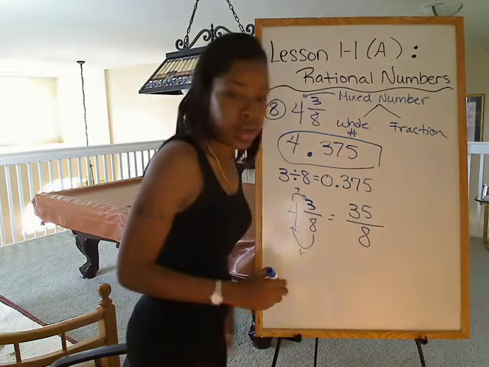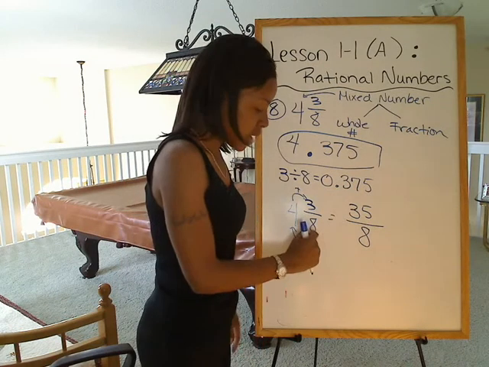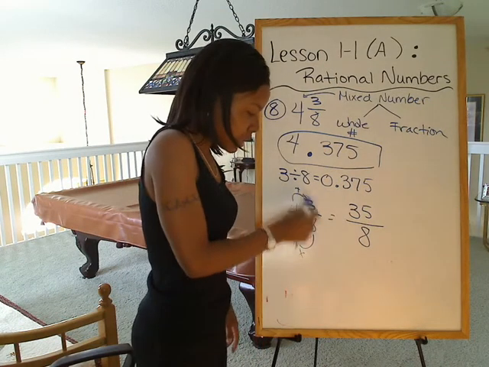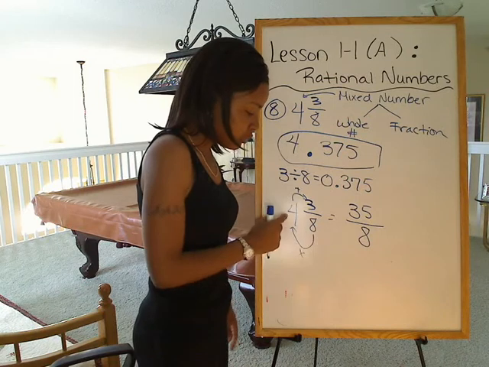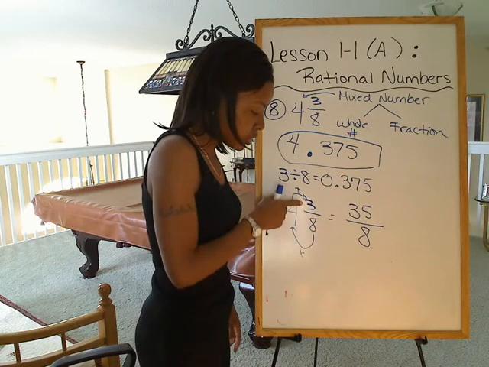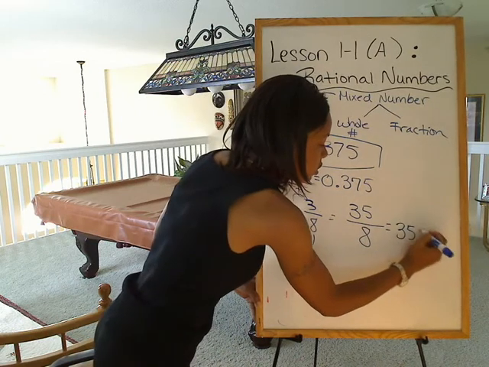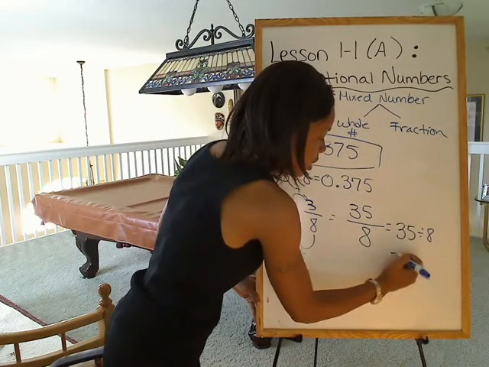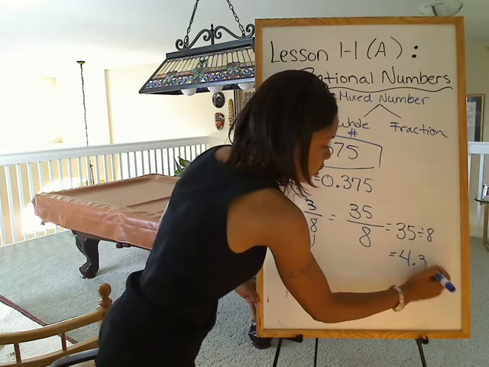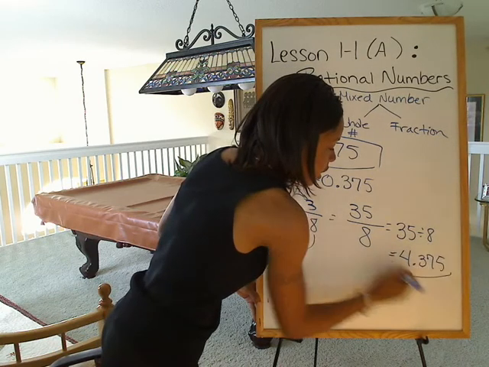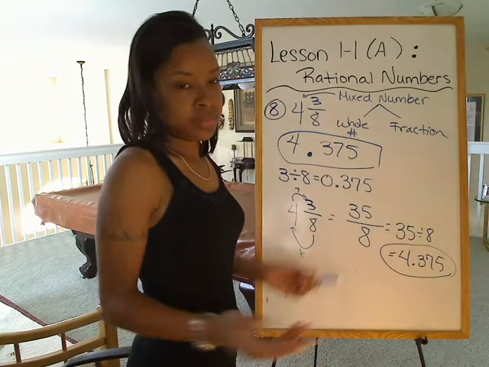So you get 35 over 8. You keep the denominator. So you multiply, you add, and keep the denominator. Then you just do your regular division. 35 divided by 8, and you get 4.375. And you're done. And that's it.